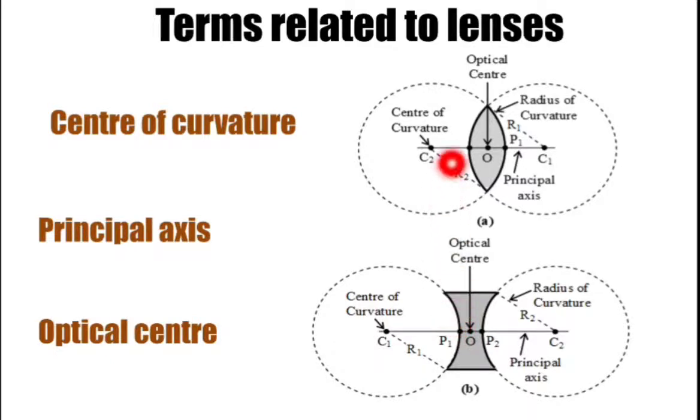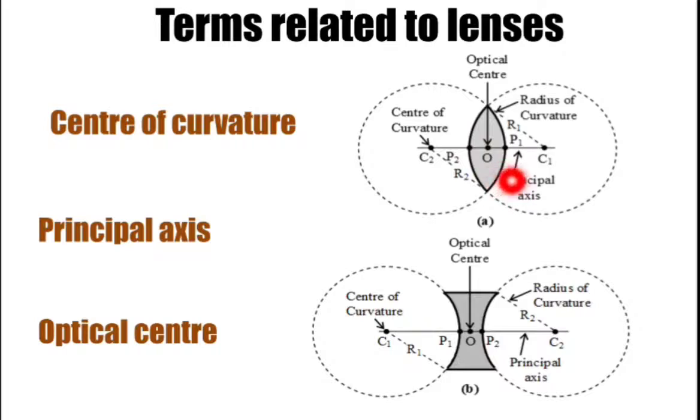So what is the optical center? The optical center is a point which is available on the principal axis, remember. In both lenses you can see this is the O point, which is the optical center, and this is the point from where, if the light passes, whether it is traveling straight or entering in a diagonal manner, it is not going to deviate.